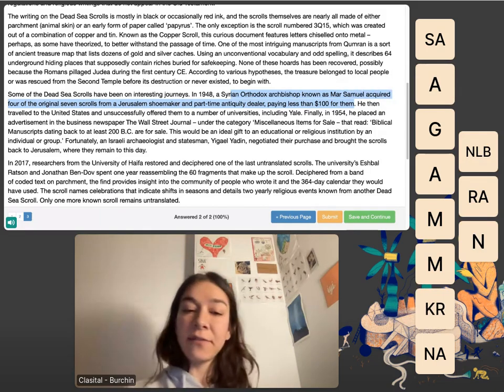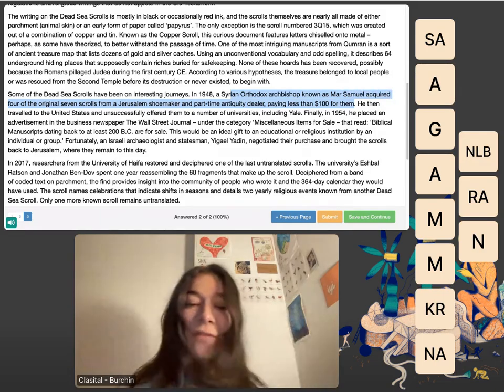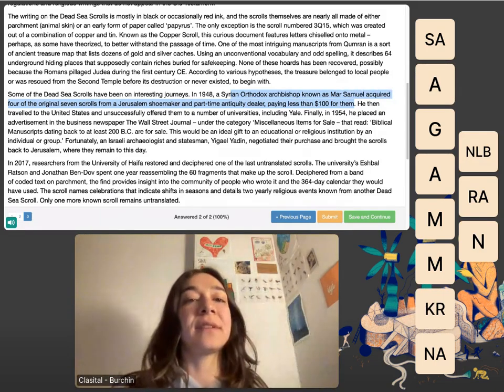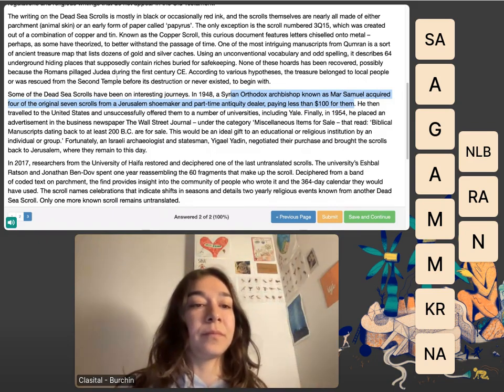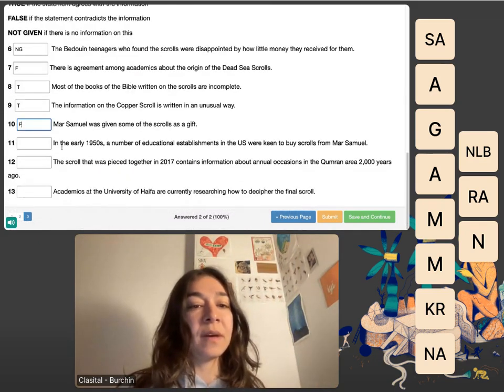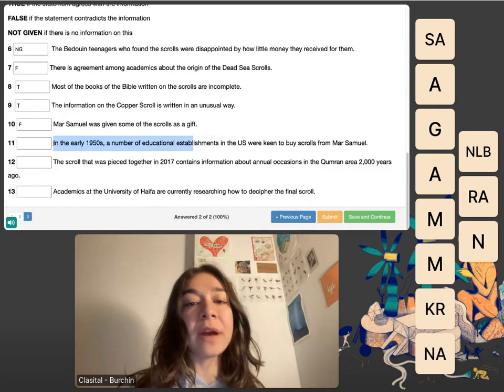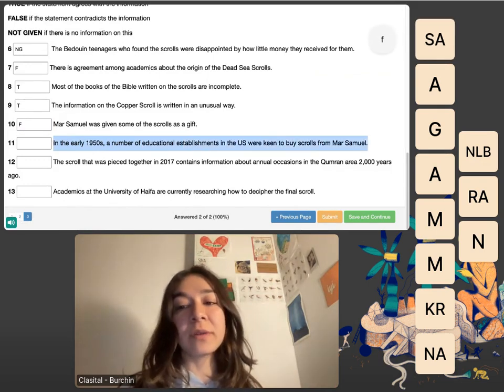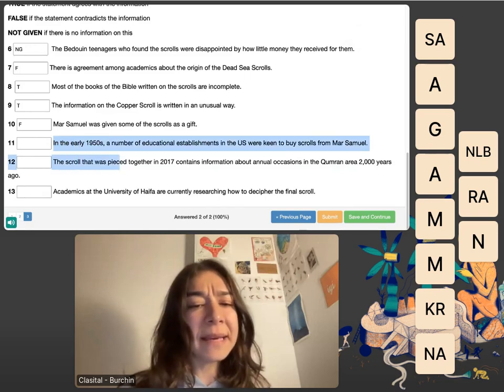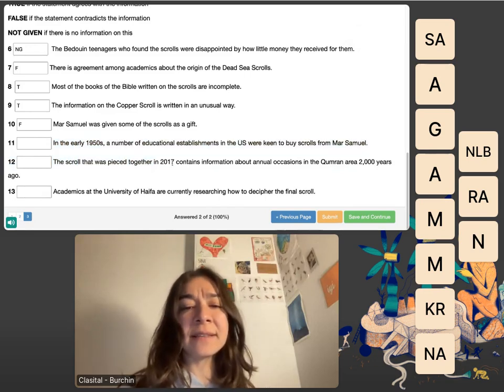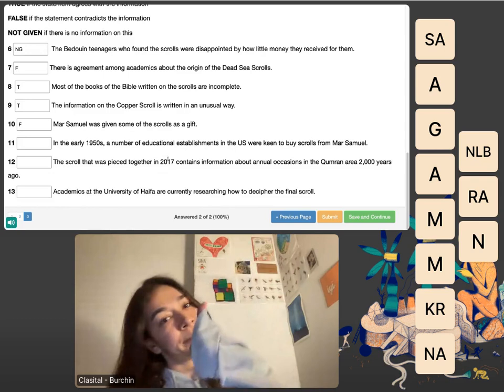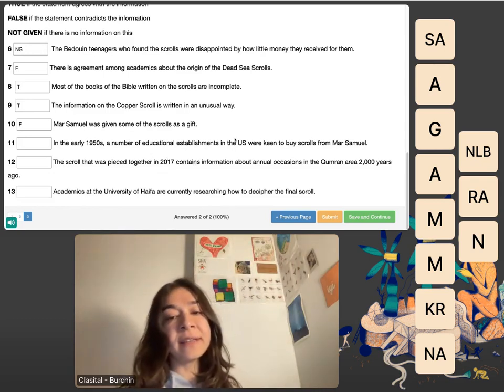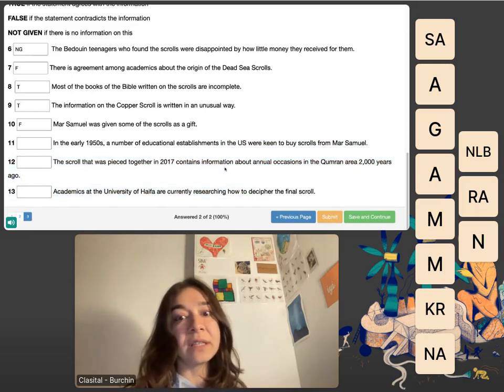It wasn't a gift. If you are paying for it, it isn't a gift. In the early 1950s, a number of educational establishments in the US were keen to buy a scroll from Mar Samuel.